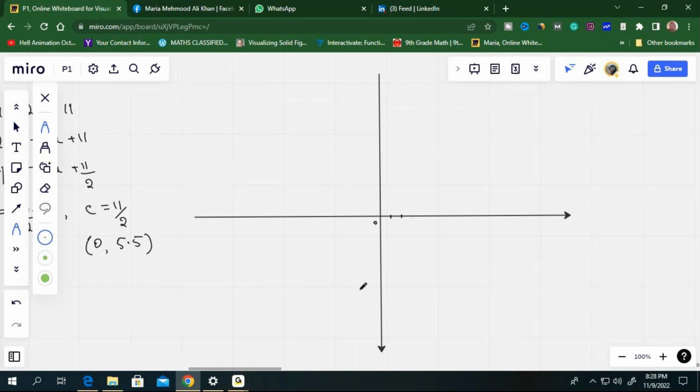I'm now taking half centimeter equals 1 unit. I'm just taking quite a wider scale because I don't know where the points are going to lie.